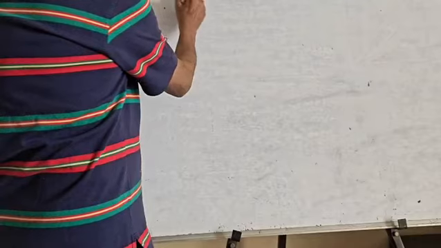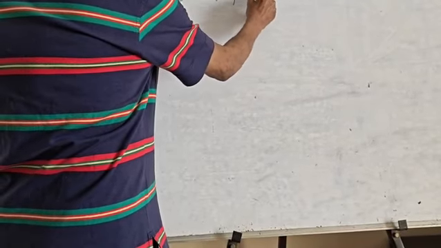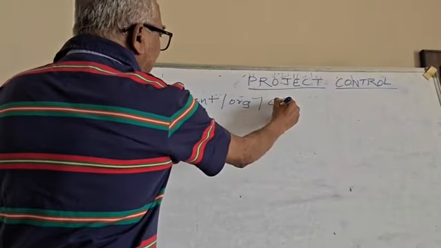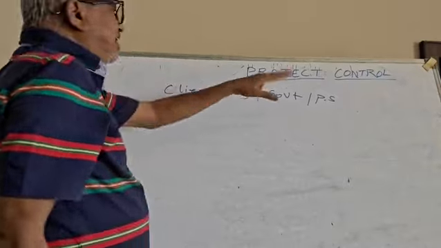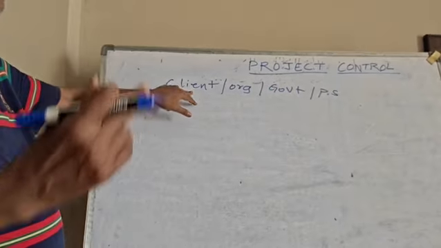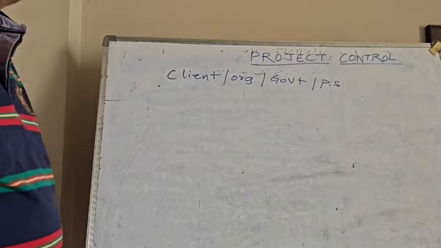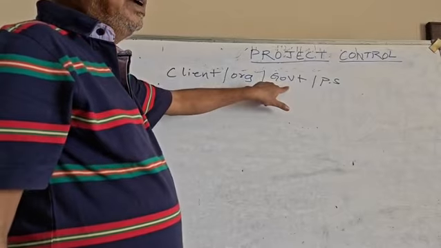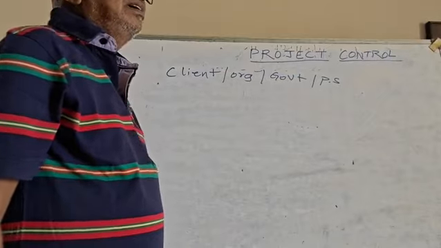A client or an organization or government organization, government or public sector, all these are called clients. There can be an individual client, one person, there can be an organization, there can be a syndicate of clients, the government can be a client, and public sectors can be clients.